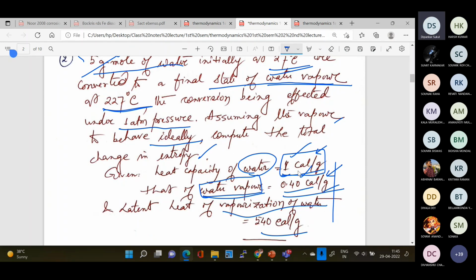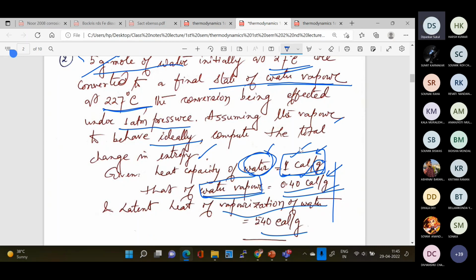Closely spaced is not a scientific answer. Liquid water molecules are intermolecularly hydrogen bonded. Now, suppose you have taken 1 gram of liquid water and you want to increase the temperature by 1 degree, then you have to break those hydrogen bondings also.